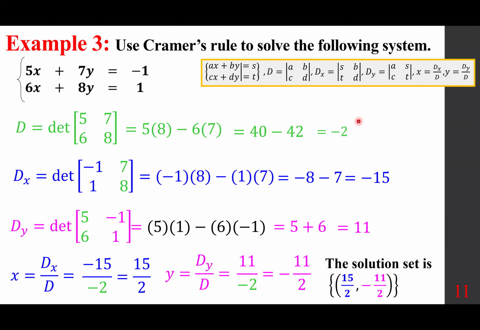So the solution set would be 15 halves, negative 11 halves. You must check. So you put it into the first equation, you put it into the second equation, you make sure it works. I'm going to leave it for you to check it. You must check. I can't emphasize this enough, everybody.